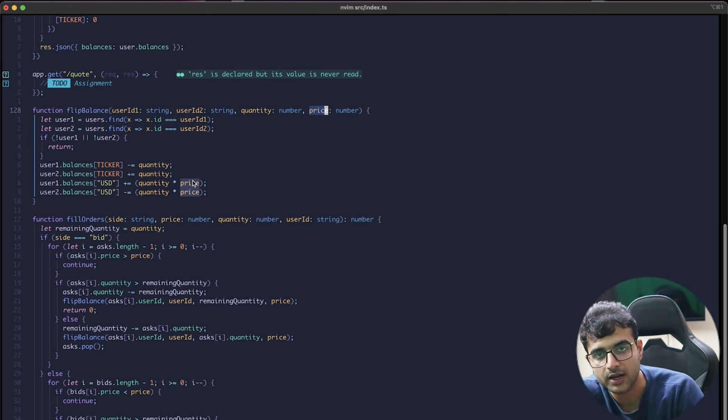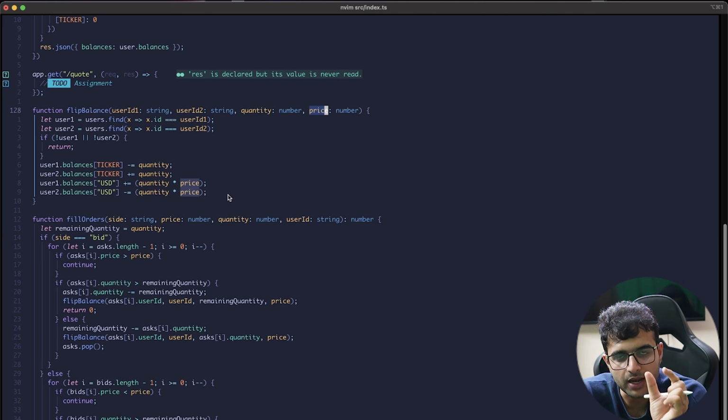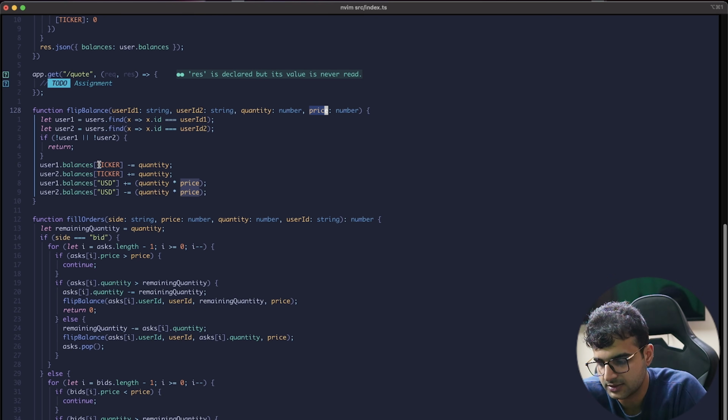Why quantity into price? This is the price I want to buy it at, 200 rupees, but I want to buy 10 shares. So how much money do I have to pay the other side? I have to pay them 200 into 10, right? I have to pay them 2000 rupees, which is why the US dollar that will get debited or credited to the other side will be price into quantity, but the value of the stock that will get debited and credited will be just the quantity. That is what this function does.